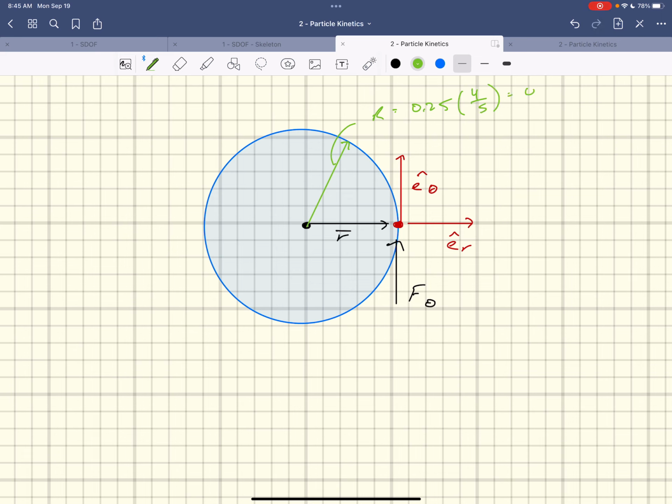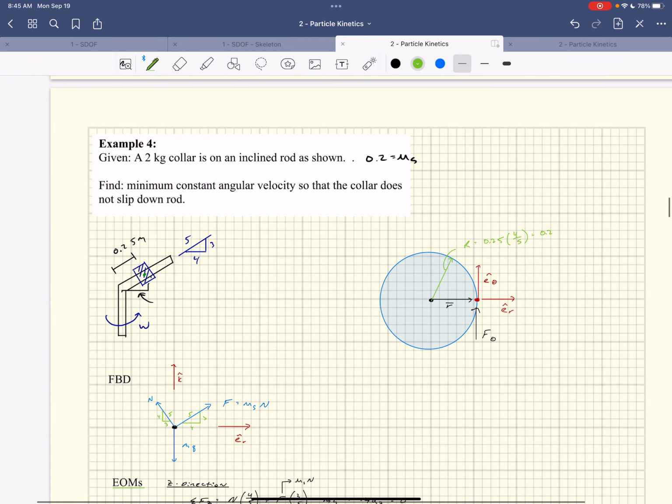So that ends up being 0.2. It has the same angle to it. So that's the hypotenuse. The hypotenuse is 0.25, but we just want that radius right there. Everybody see that? It's like looking down at it from above. What's the radius that thing rotates around? It's a really good point.